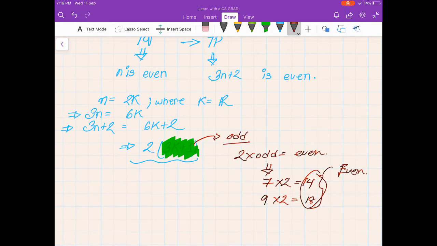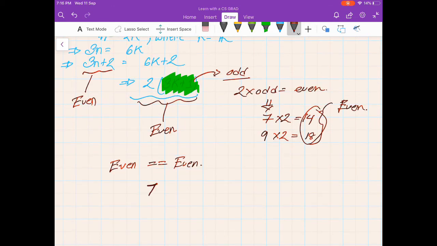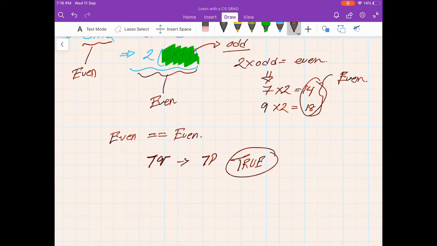So this is an even number, and the result that is being generated is also an even number. So even is equal to even. Thus not Q implies not P is true. As I said before, in proof by contraposition, if the changed statement is true, then the original statement P implies Q would also be true.